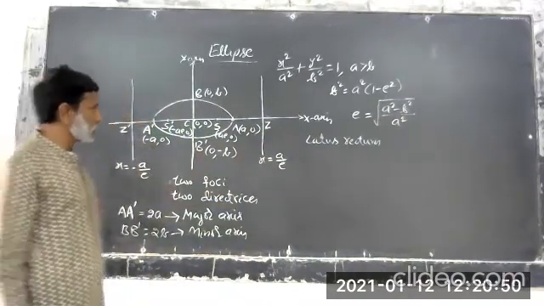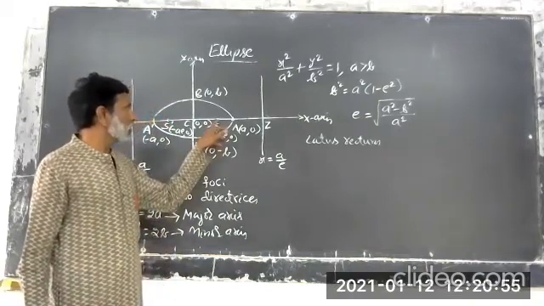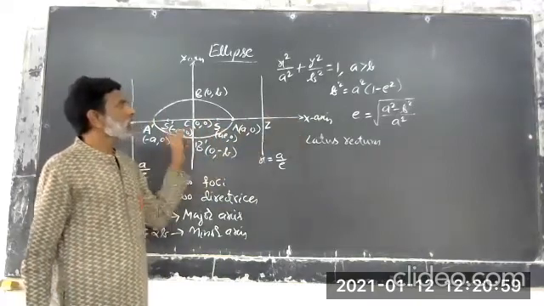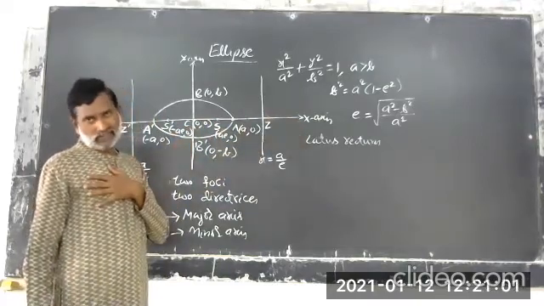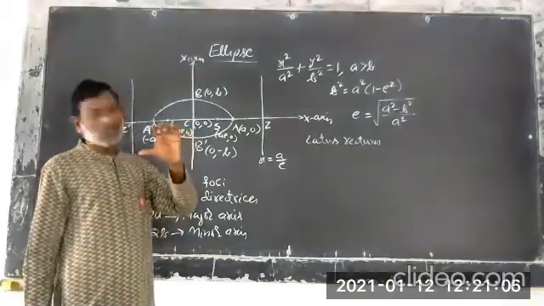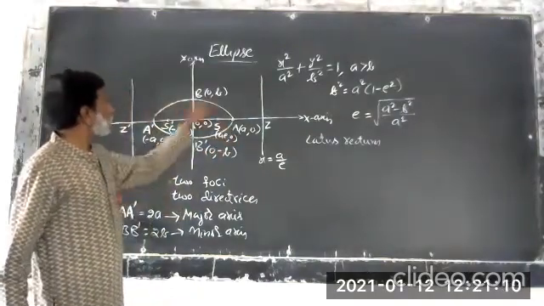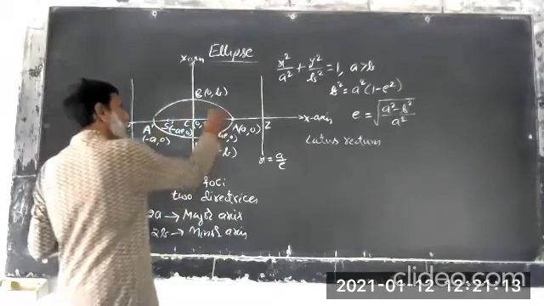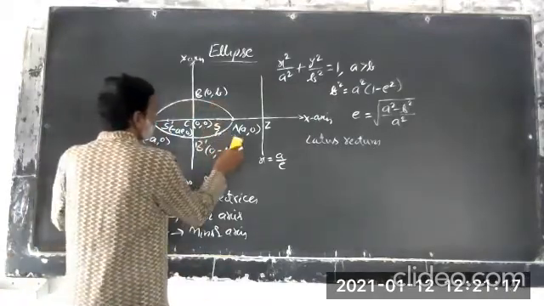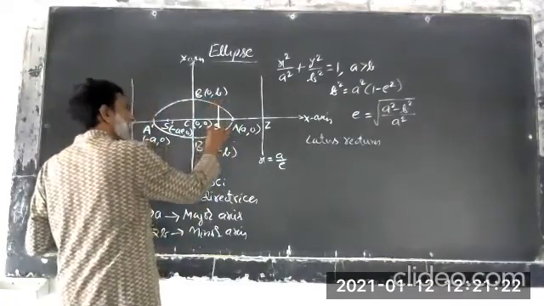To define the latus rectum, it is a line segment passing through the focus, perpendicular to the major axis, and its length is cut off by the ellipse.